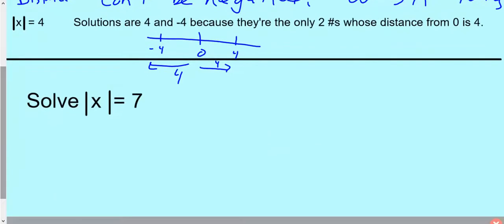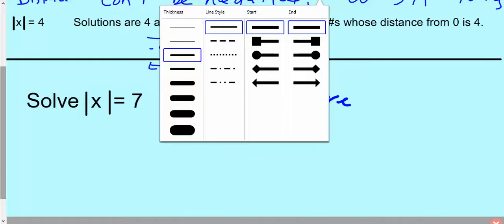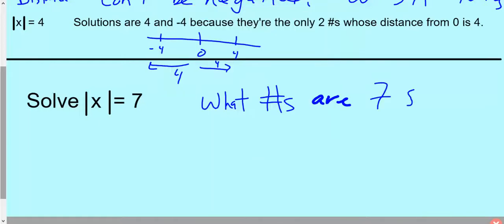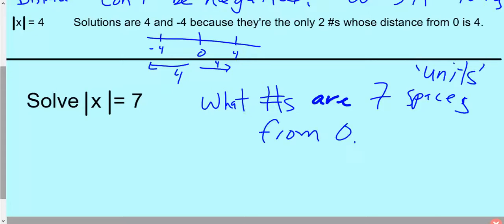So the absolute value of x equals 7 means what numbers are 7 units from 0? Well, that'd be 7 and negative 7. And that's your two solutions.